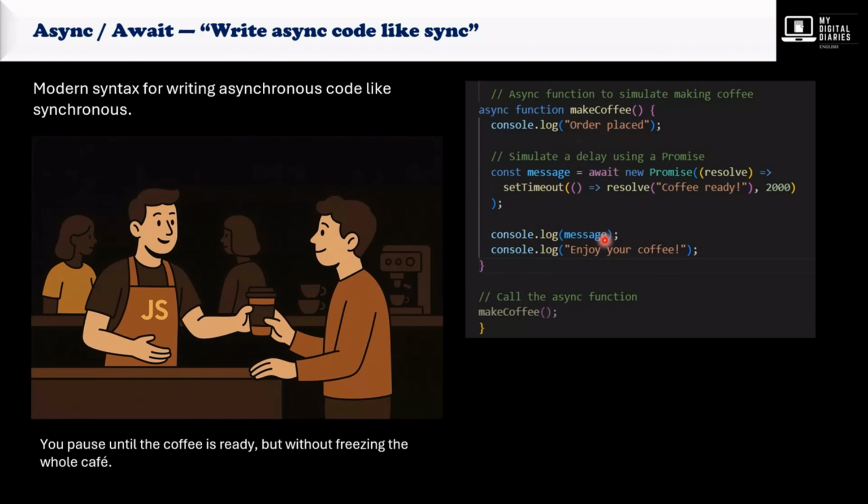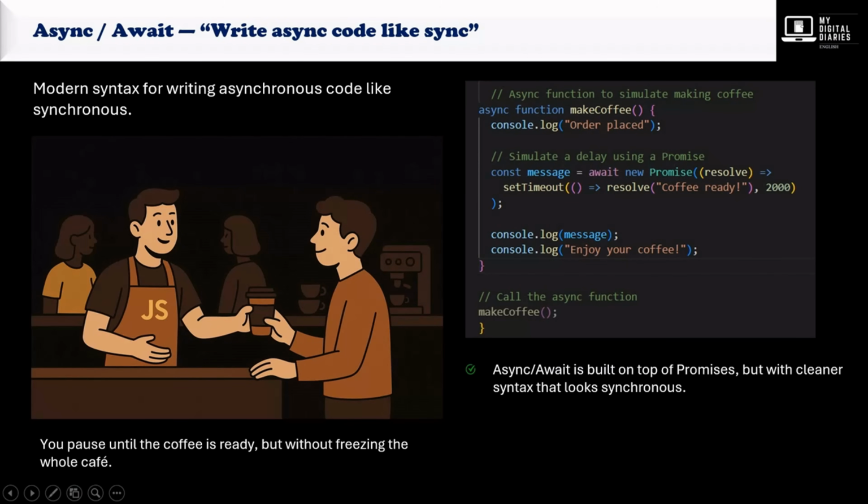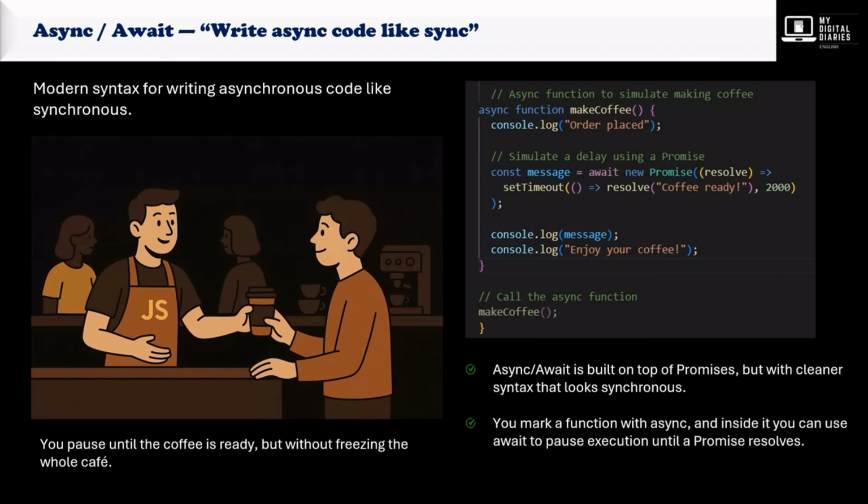The console.log messages, like console.log enjoy your coffee, run in parallel while the promise is getting executed. So when you make a function async, you are telling JavaScript that it will handle asynchronous operations inside it. Then you can use await to pause execution at specific points until a promise is resolved, without freezing the rest of your program.